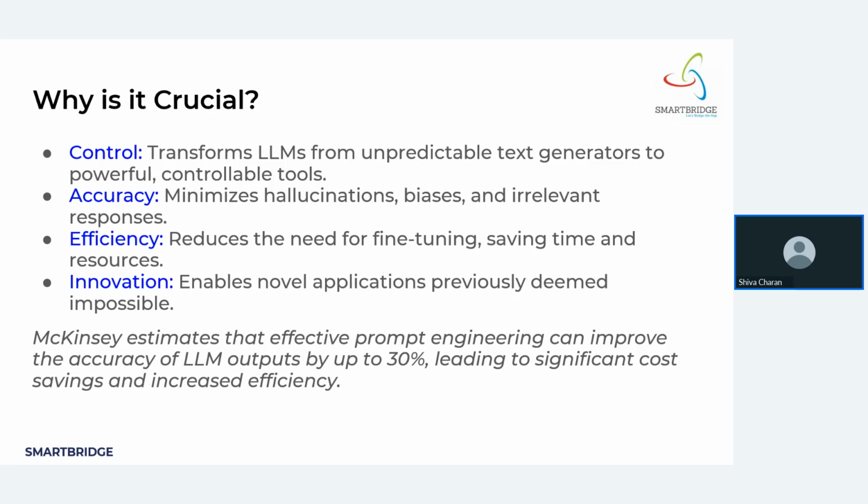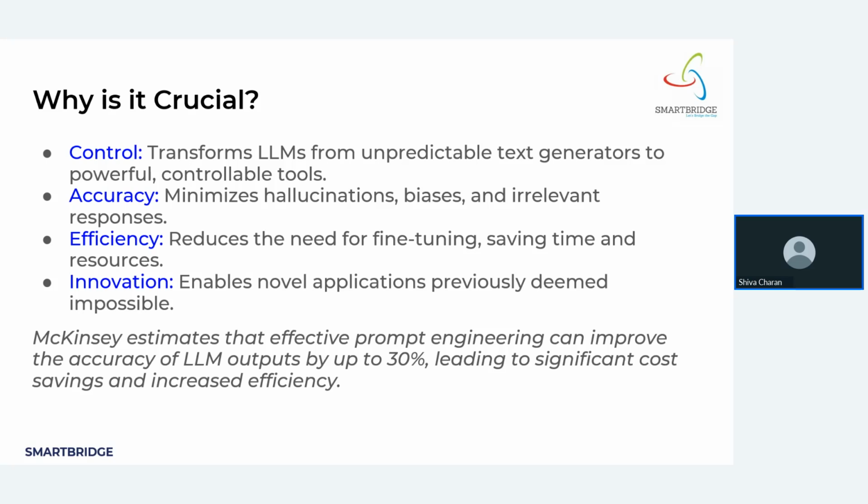What it is saying for control: transform LLMs from unpredictable text generators to powerful controllable tools. And for accuracy: minimizes hallucinations, bias, and irrelevant responses. See, why is it crucial? It is saying that prompt engineering is very crucial because it will help us control what the LLM is generating, and it will help us with the accuracy of our desired output.